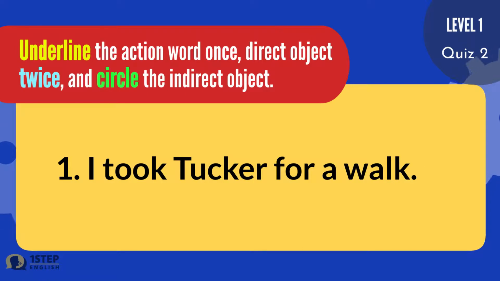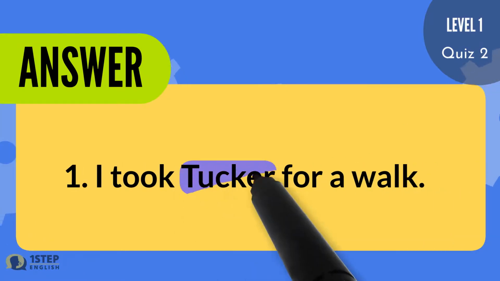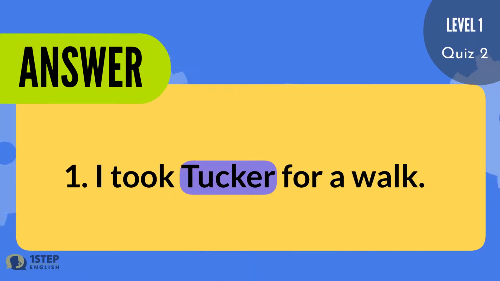Number 1. I took Tucker for a walk. Tucker is the indirect object. Took is the action word. Walk is the direct object.